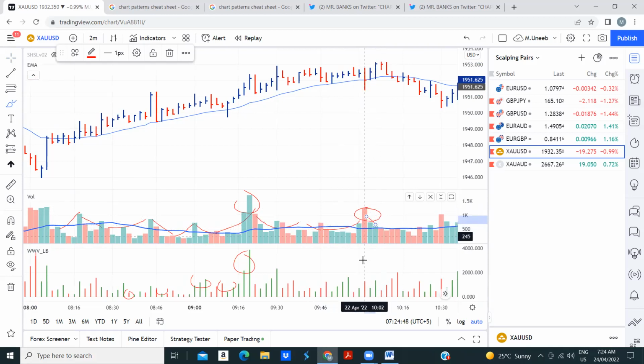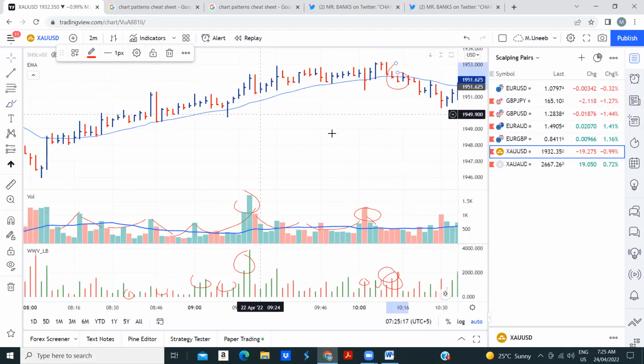This is known as a change in market direction. You see, an increase in the volume of the impulsive wave and a decrease in the volume of the corrective wave, this is what happens during an uptrend. But when we see a decrease in the volume of the impulsive wave, but an increase in the volume of the corrective wave, we know that the market is changing condition.